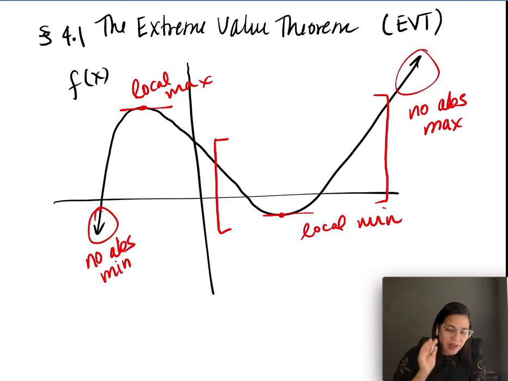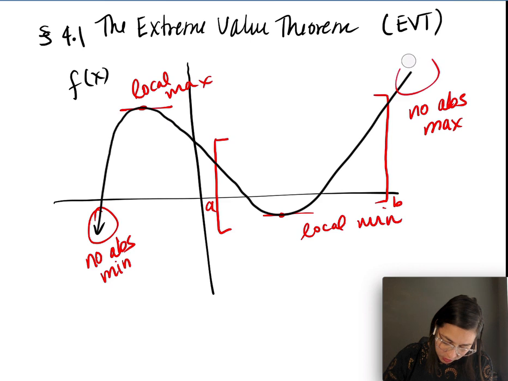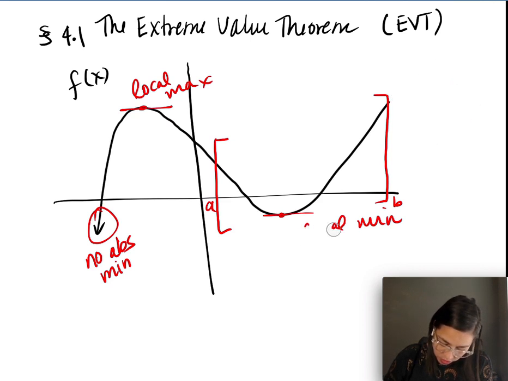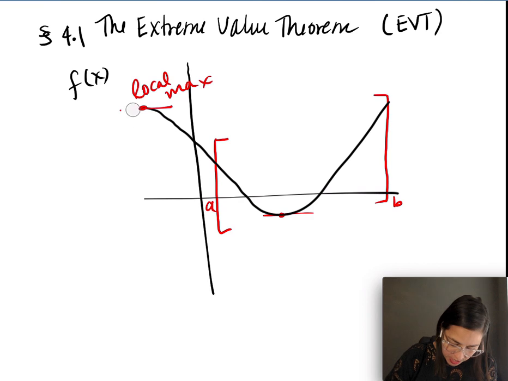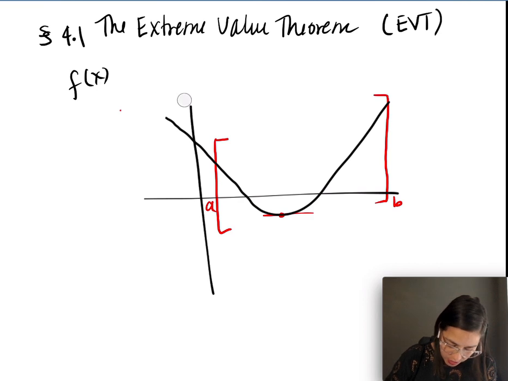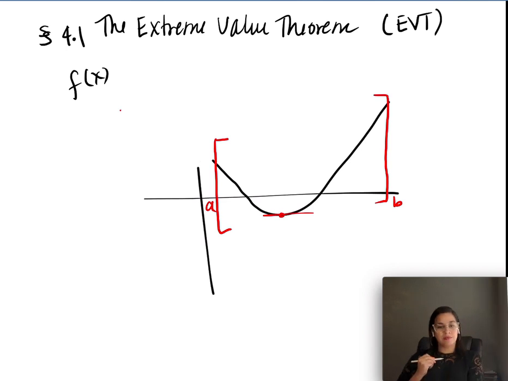If I only consider the function from A to B, and I ignore everything else, then we get this graph, okay?